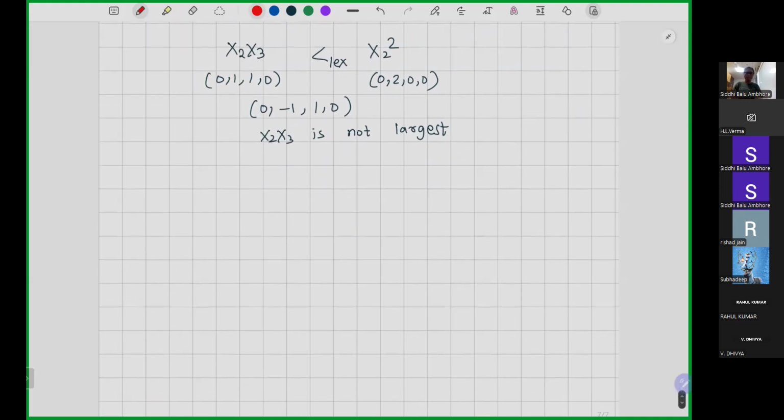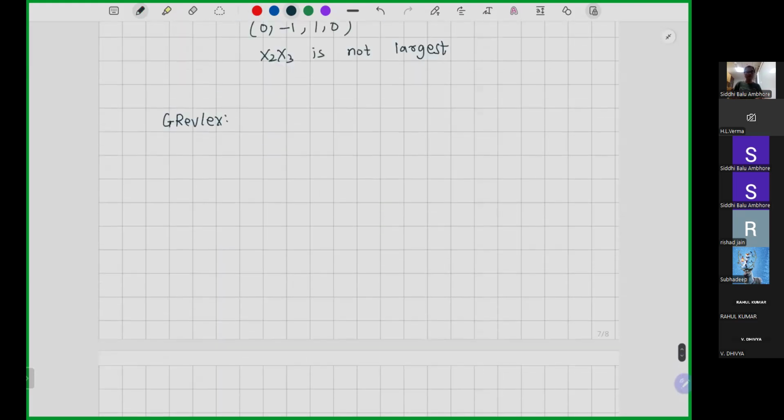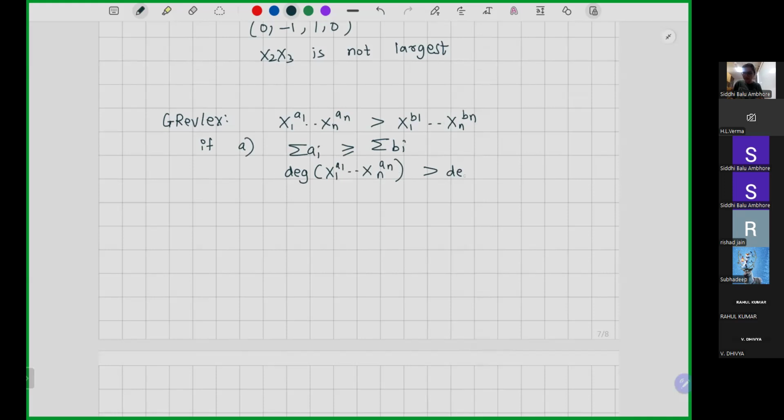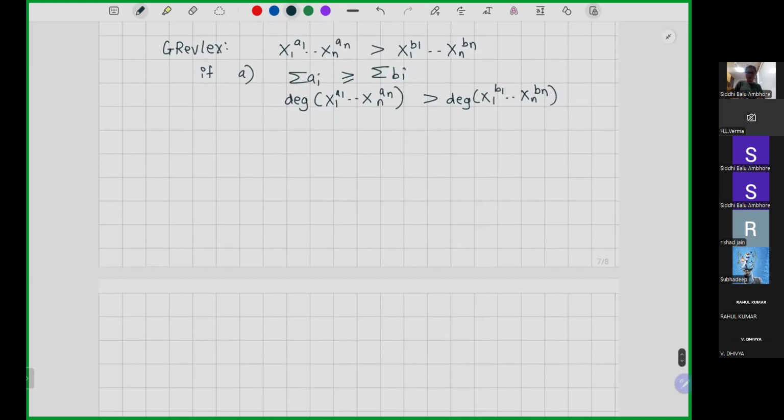So that's why. And now the third one we have to check, and here I will give the definition of this graded reverse lexicographic order. It is that x1 power a1 through xn power an is greater than x1 power b1 through xn power bn if first the summation of ai is greater than or equal to the summation of bi, that is, the degree of this monomial is greater than the degree of the other monomial.